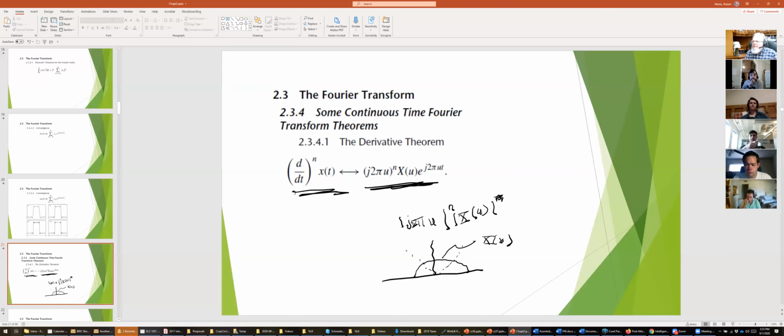But the important thing to see is that the DC term gets wiped out, and all of the high frequencies are amplified. Therefore, derivatives are a good way to perform edge detection. So edge detection is one way to look at the derivative theorem.